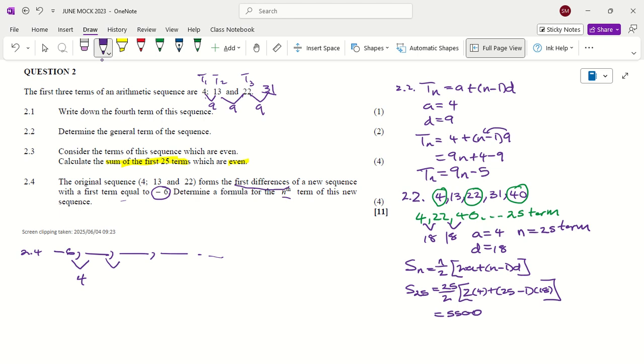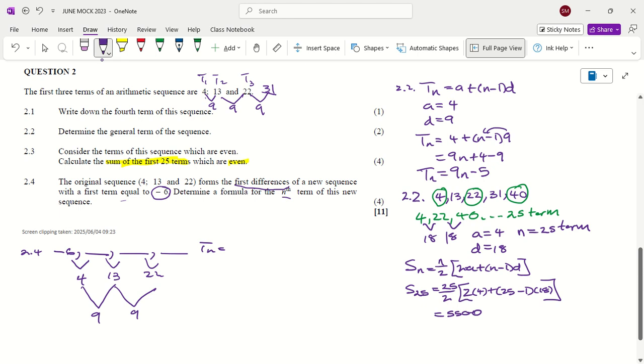Then the next one is 13, and the next one is 22, and the second difference of this sequence is 9. So they are talking about a quadratic. And how do you find Tn of a quadratic?